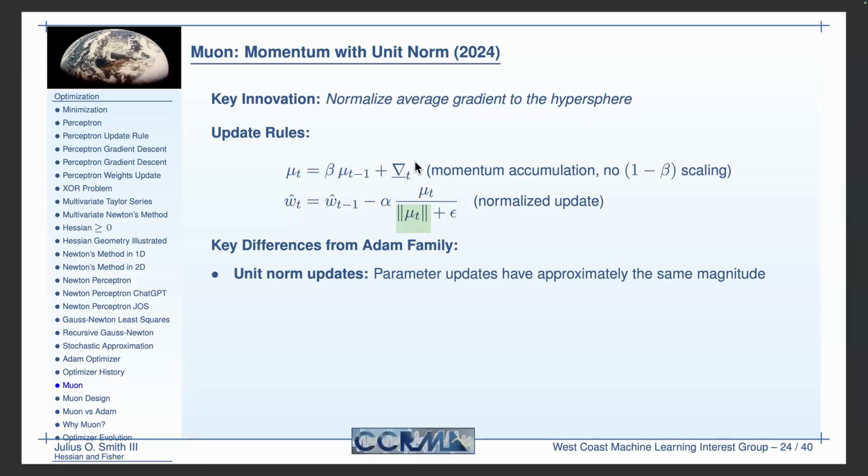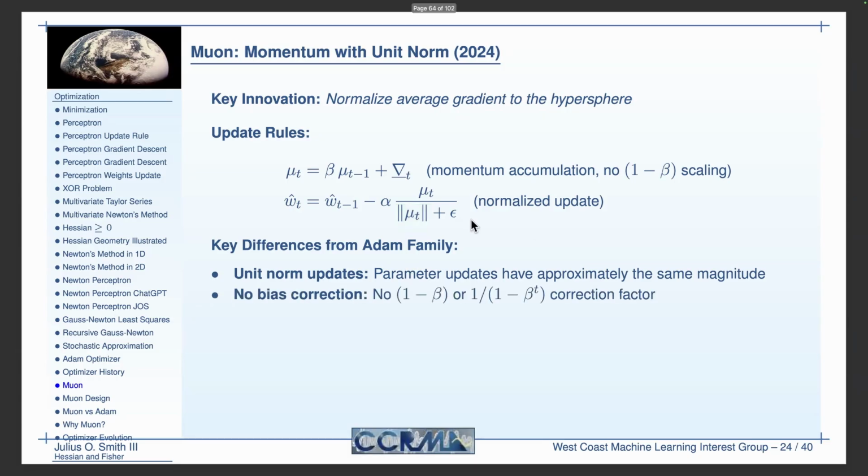So you've got the same kind of momentum on the gradient. They do away with that 1 minus beta scaling, so there's no concern about the early bias, I guess, because at scale you've got so much data, that's not an issue. The rise time of the low pass filter is negligible compared to everything else. And now you update your weights like this. It looks just like Adam, except that we have the norm of the gradient instead of a component-wise RMS second moment square root.